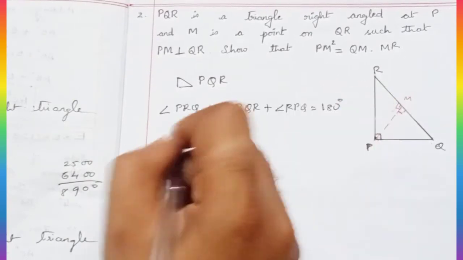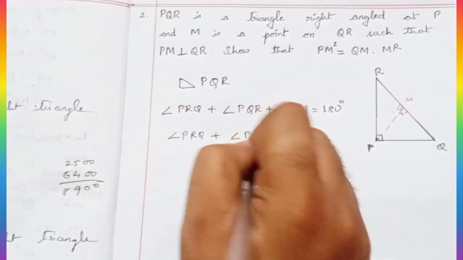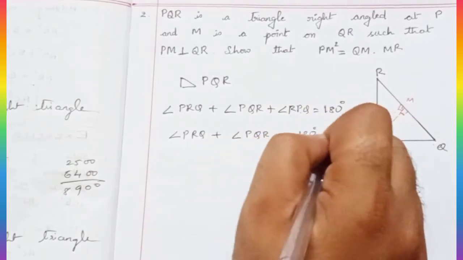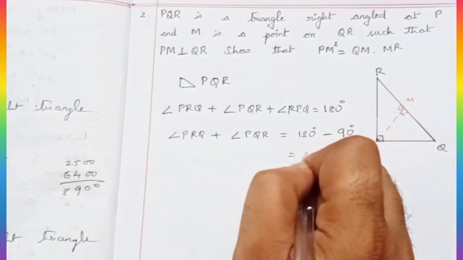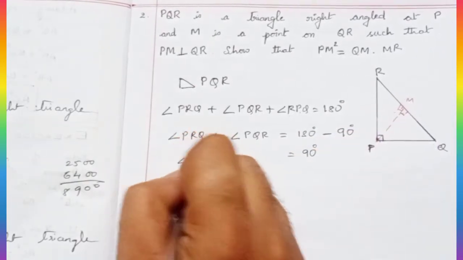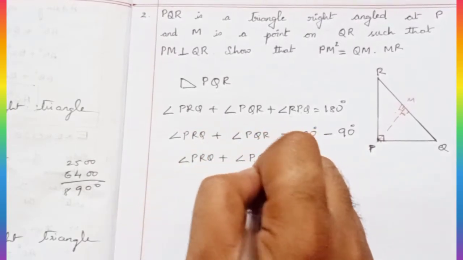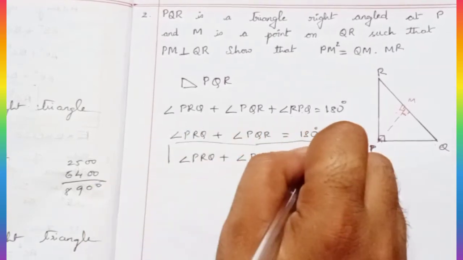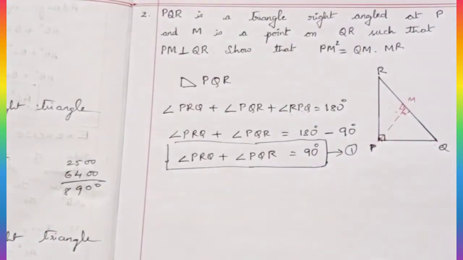So if I transpose this angle to the other side, angle PRQ plus angle PQR is equal to 180 minus angle P, that is 90 degrees. So 180 minus 90 is 90 degrees itself. So the sum of these two angles, that is angle PQR plus angle PRQ, is equal to 90 degrees. We will consider it as equation 1.